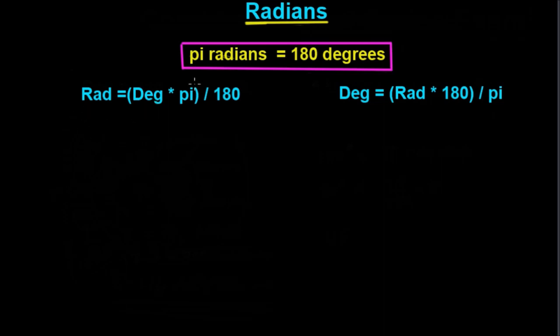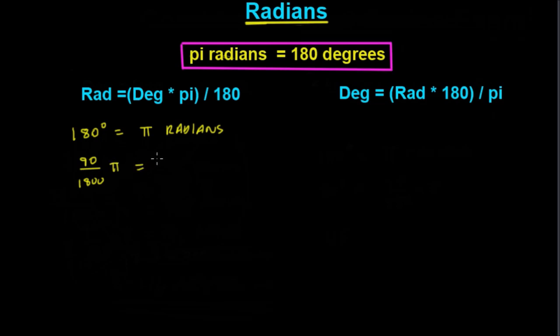Now if we started off with what we have here, we can say that 180 degrees is equal to pi radians. That's just a statement of what we have above here. So that means that if we were to look at, for example, 90 degrees, then we would have 90 upon 180 times pi.